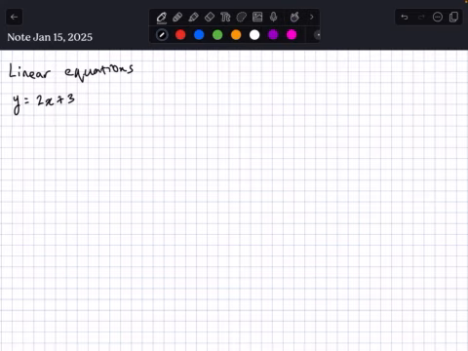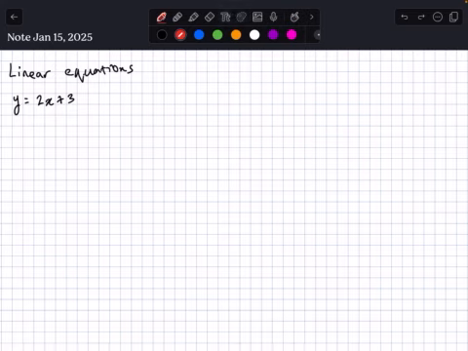Right here we can see this equation has two variables, y and x. We have a coefficient for the x, and we have plus 3 on the right side of the equality. So basically what this equation is telling us is that depending on what we put in for x, y will change, y will vary.